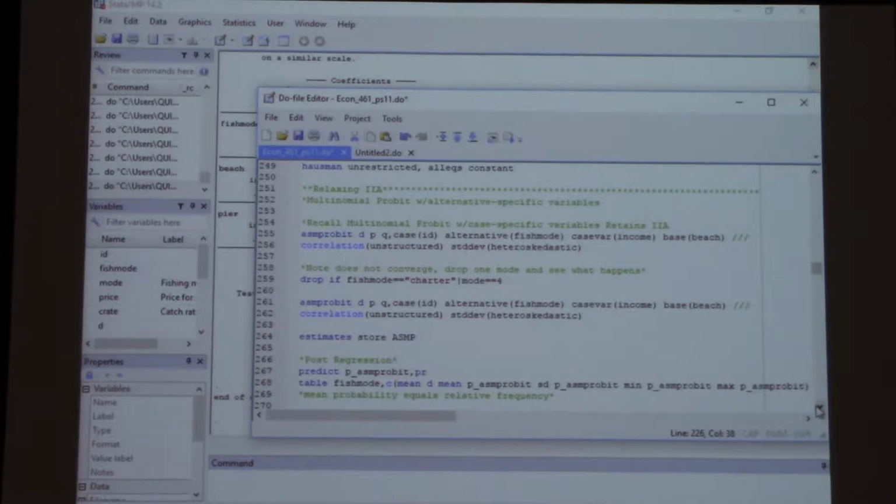We could try to get around the independence of irrelevant alternatives by using our multinomial probit, but as we said in the PowerPoint, these are computationally intensive and they don't converge half the time.